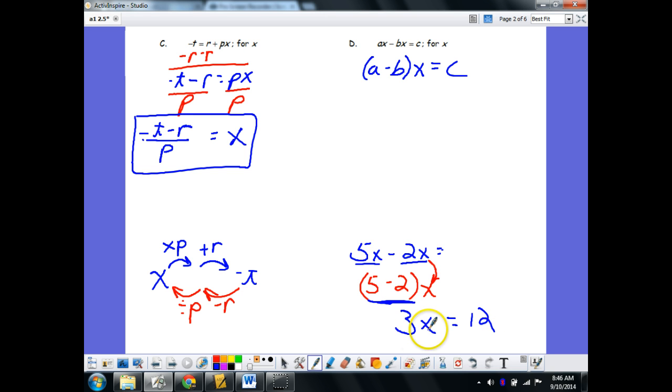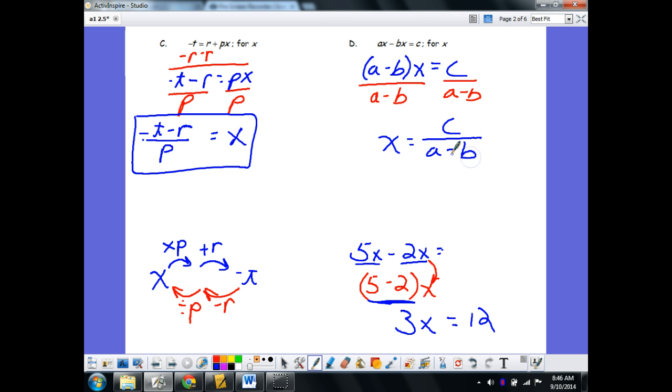Then we would divide by what's being multiplied by x. What is being multiplied by x? The entire expression a minus b. So that's what we're going to divide both sides by.